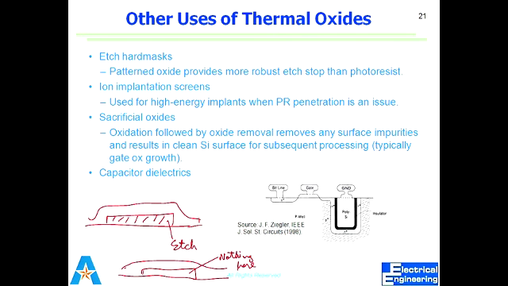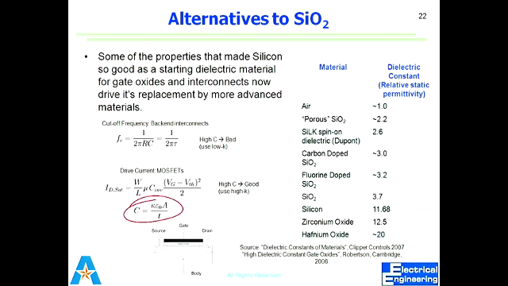Thermal oxides, we have already discussed: etch hard mask, ion implantation screens, sacrificial layers, capacitor dielectric. So these are different uses of oxide layer that we have already discussed in the last lecture. As I told you, we are trying to seek out alternatives to silicon dioxide, but any alternative to silicon dioxide should have a high dielectric constant as compared to silicon.